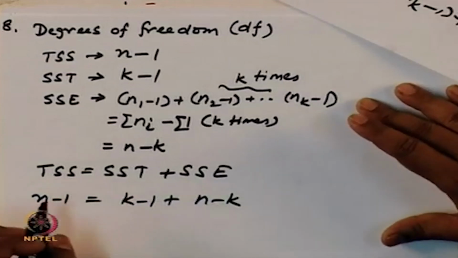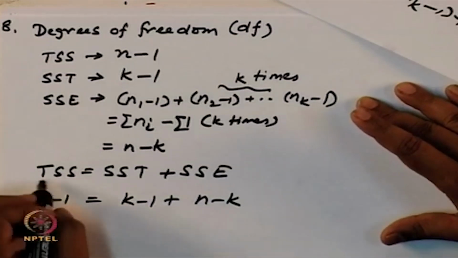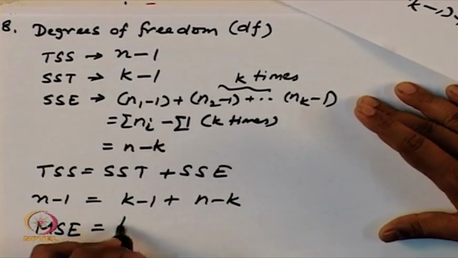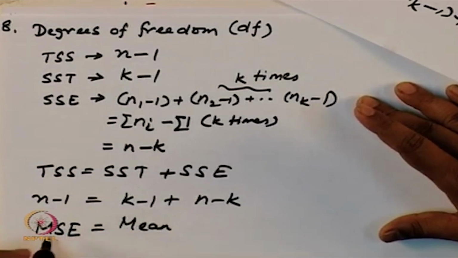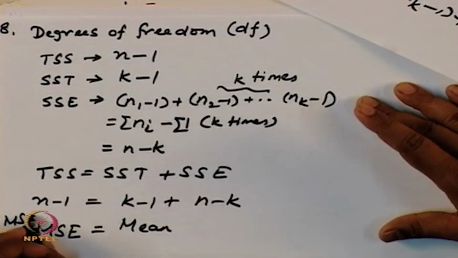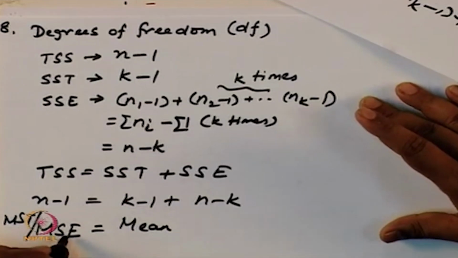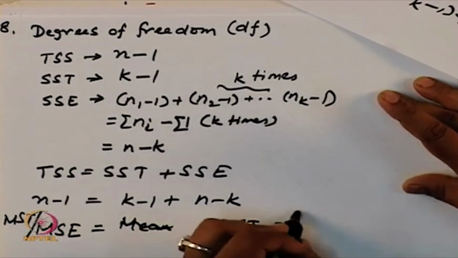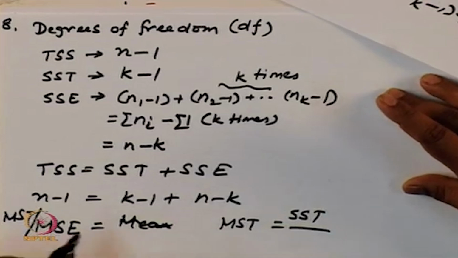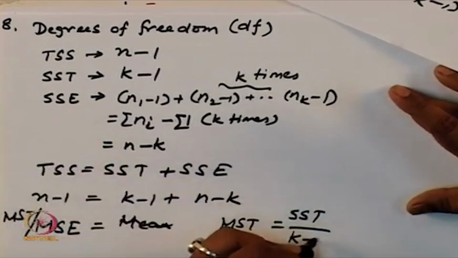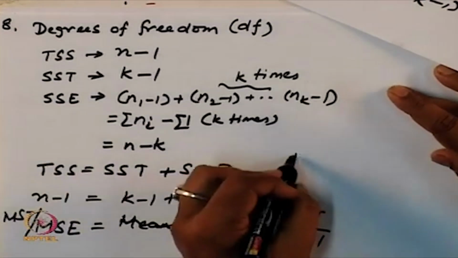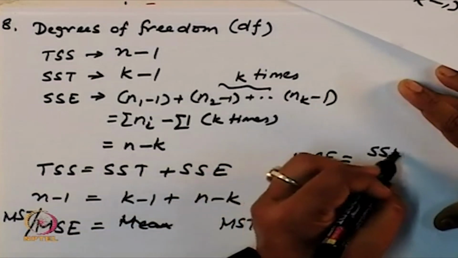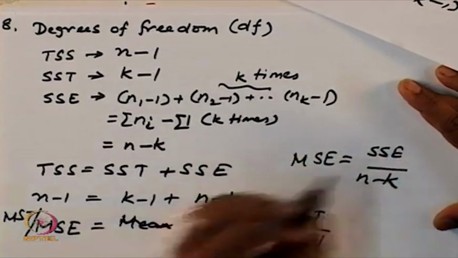Corresponding to these terms, you can define the mean squares: MST, mean square for treatments, and MSE, mean square for error. MST is defined as SST by k minus 1, and MSE is given by SSE by n minus k.